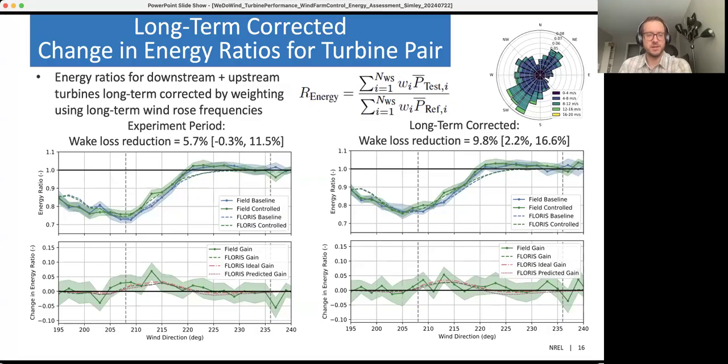So there's a lot of uncertainty in this estimate. And then on the right, for the long-term corrected energy ratios, the wake loss reduction was estimated to be significantly higher, close to 10%. And again, there's a large 95% confidence interval on that estimate.